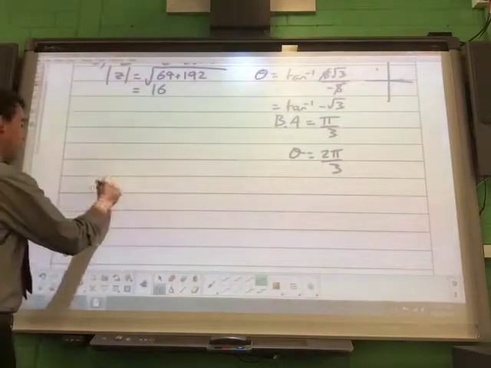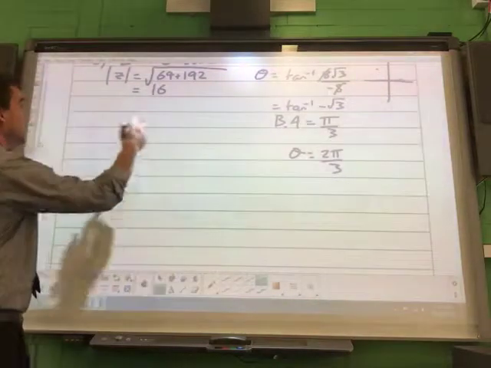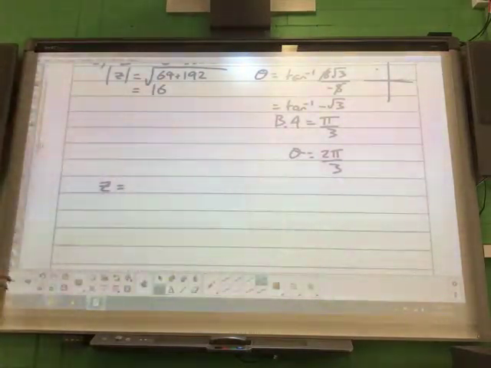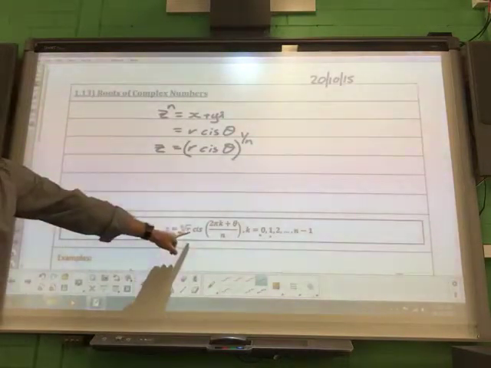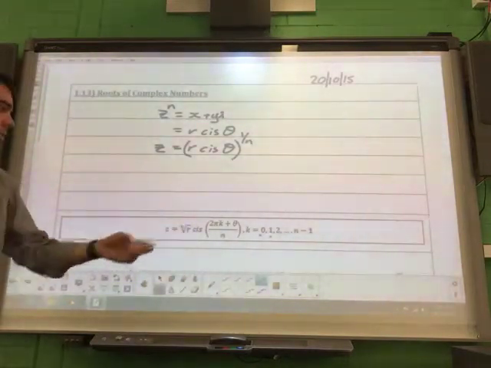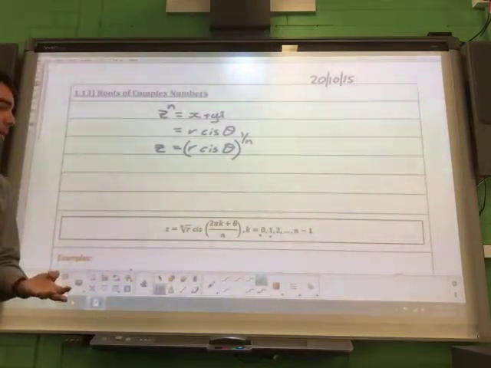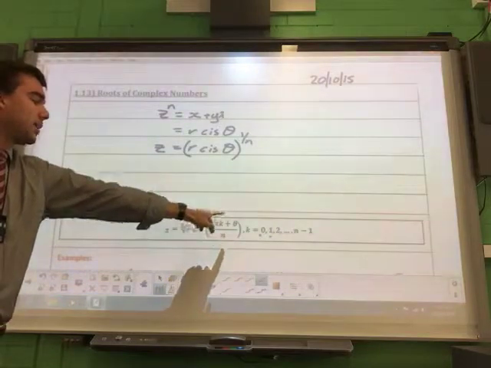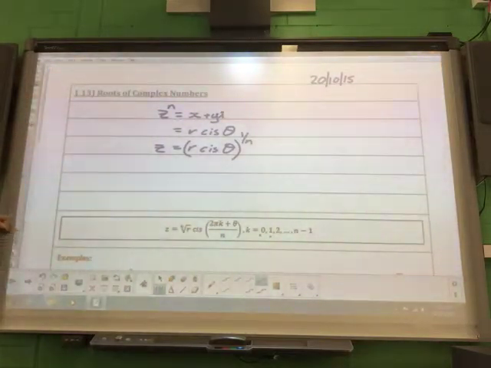Okay, so the formula you need to remember, otherwise you're going to have to derive it. Z equals, so the formula back on the other page, the nth root of the modulus. We have the power as 4, so it's going to be the fourth root of 16, cis of 2 pi k plus the argument, so 2 pi on 3, and everything is going to be divided by 4.